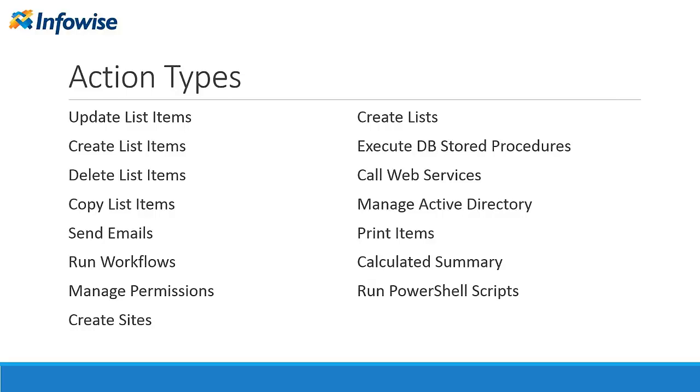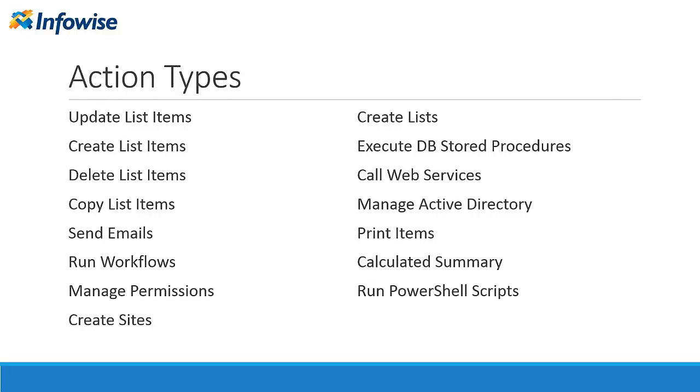Creating new items or documents, deleting items, copying items or documents, sending emails, running workflows, managing permissions on sites, lists, items, and so on, creating new sites and lists, executing stored procedures in external databases of any type, calling into web services, managing Active Directory. You can create users, groups, and assign users to groups and so on.